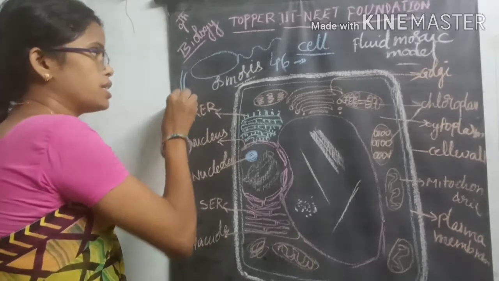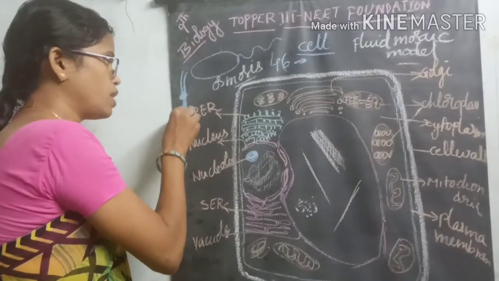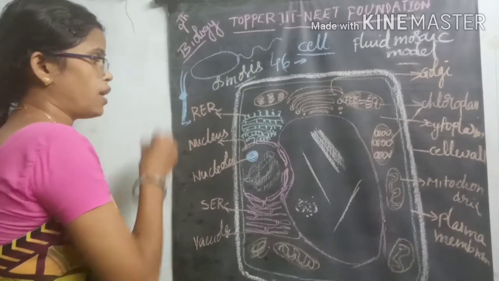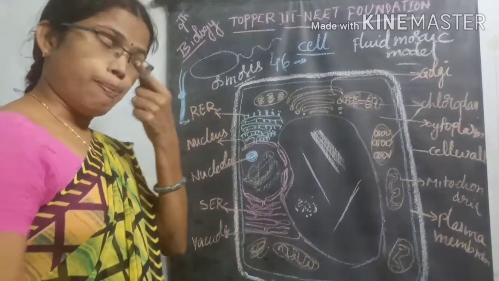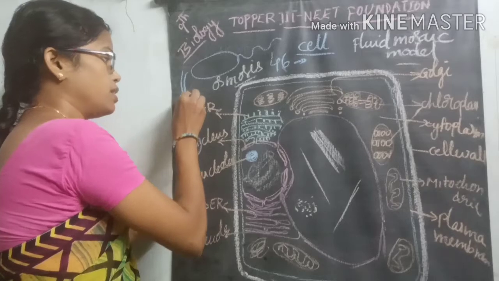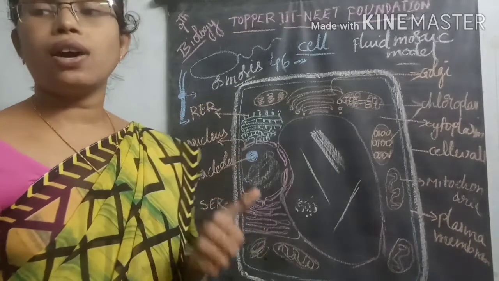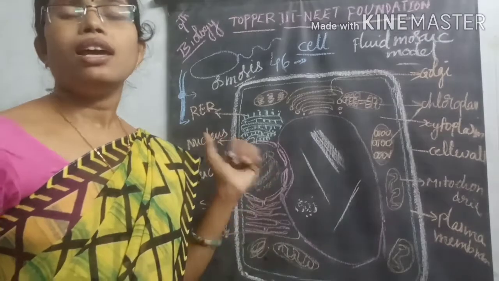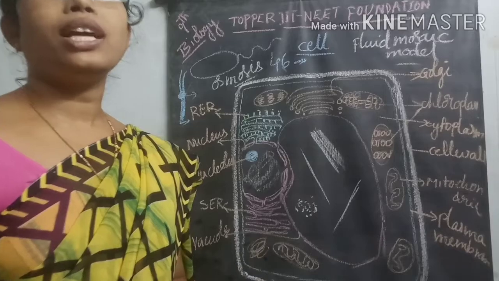The central region is called the centromere, and it extends towards the ends. This end is called the telomere. A pair of structures is present from the centromere region. These are called chromatids.